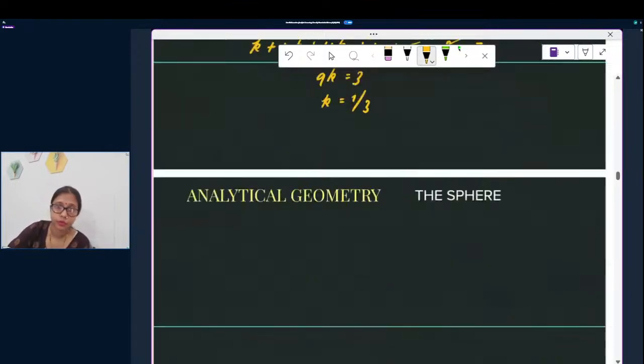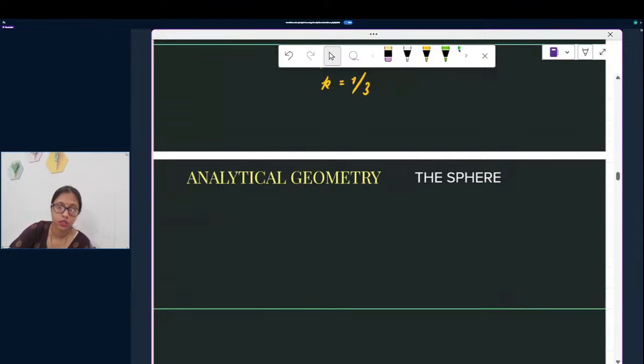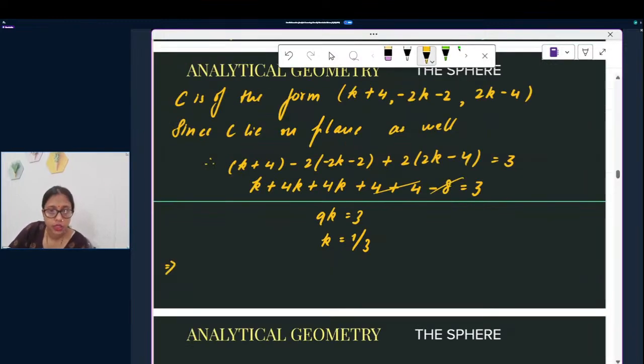Now it implies C is 13 by 3, comma, minus 2 by 3, comma, minus 8 by 3, and minus 10 by 3.